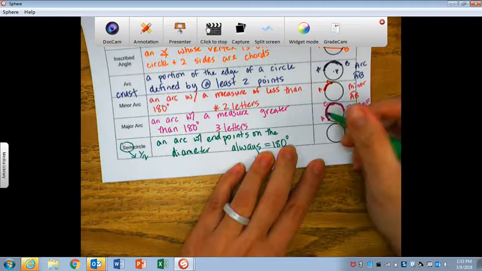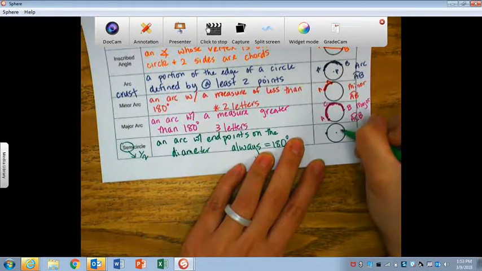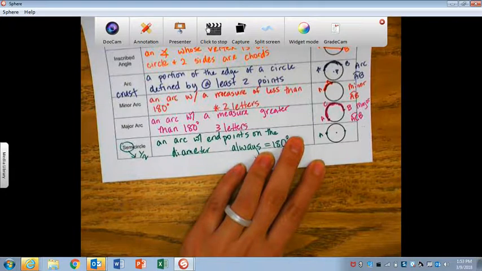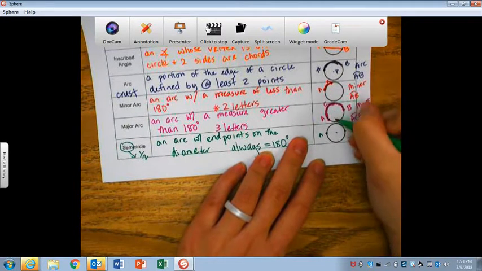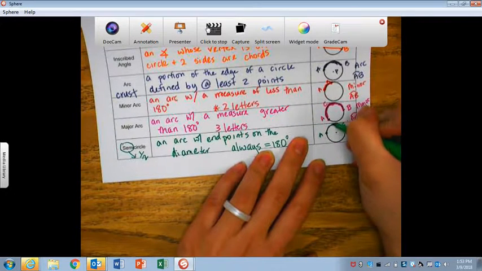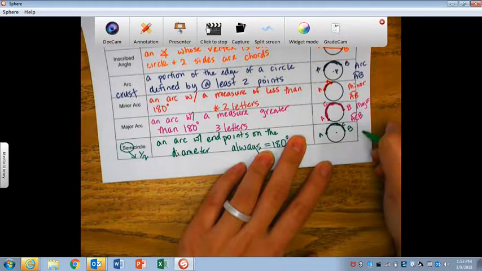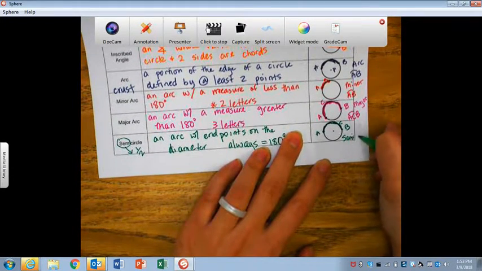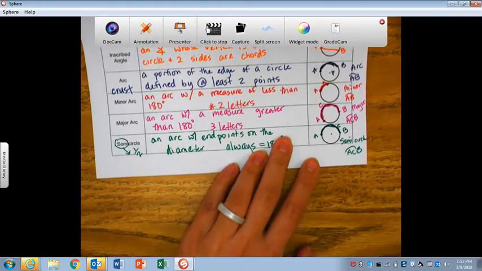So here you go. I'm going to call this arc A, C again, and then B again, and it's covering half the circle. So that's semicircle ACB. And that's your vocab.